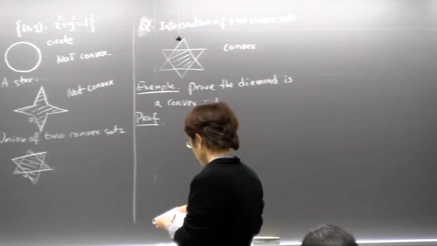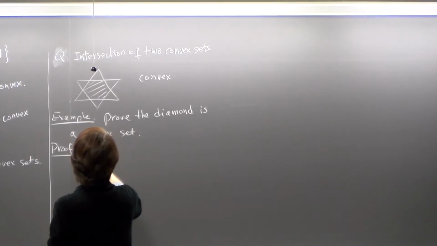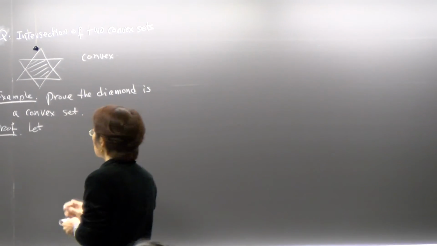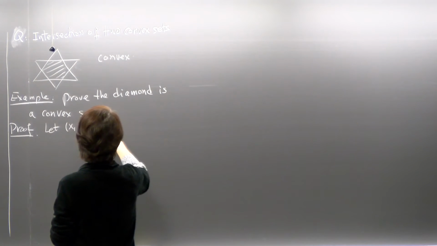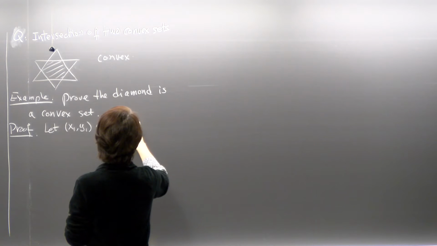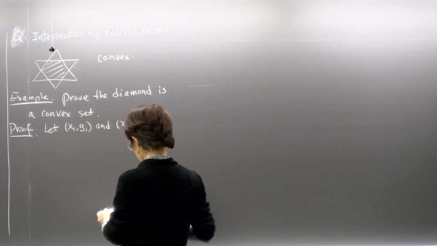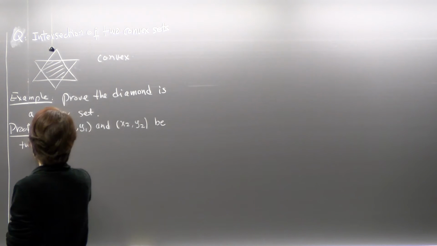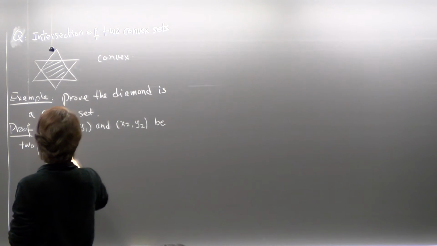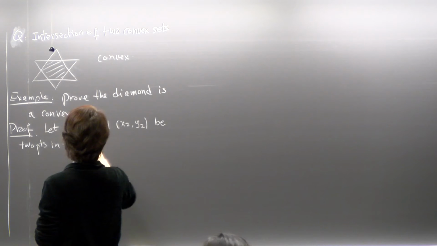So let me write down what we need to prove. Let's pick randomly two points, x1, y1 and x2, y2. These are just two random points in the diamond.